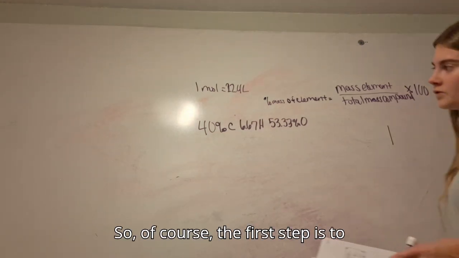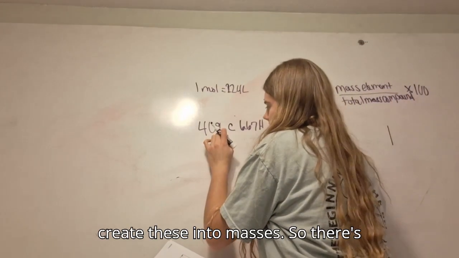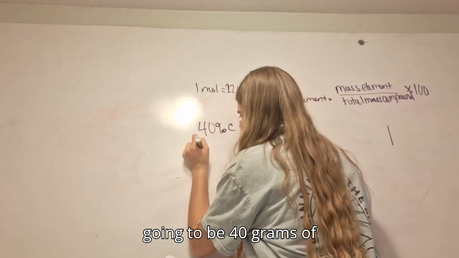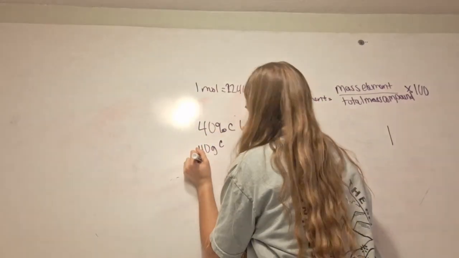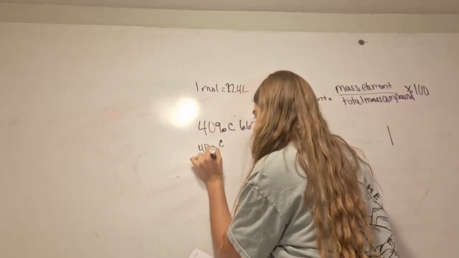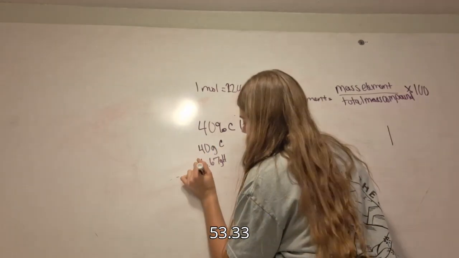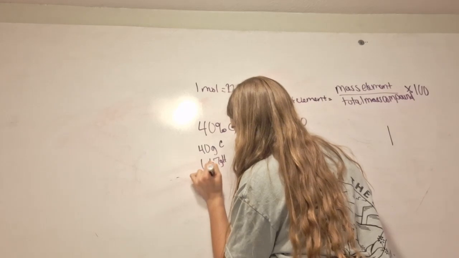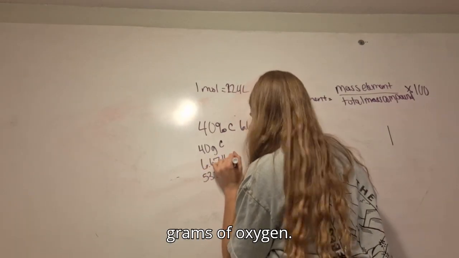So, of course, the first step is to convert these into masses. So there's going to be 40 grams of carbon, 6.67 grams of hydrogen, and 53.33 grams of oxygen.